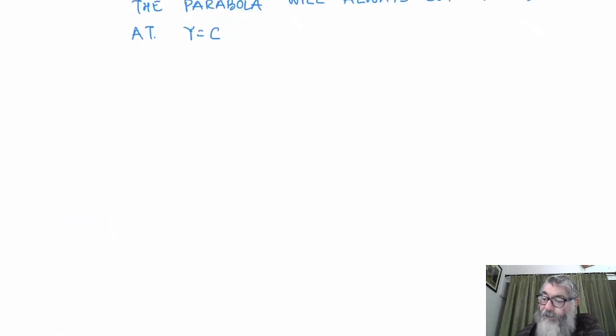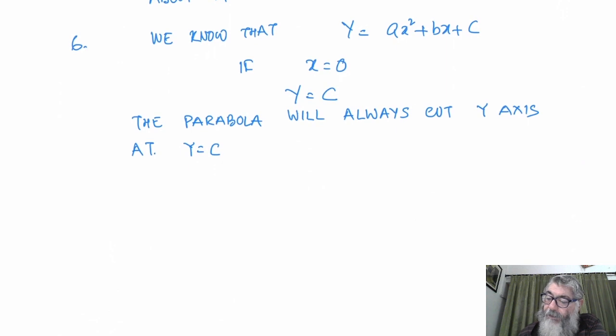So if you see here, if I draw this as the y-axis, for example, the parabola can be like this.